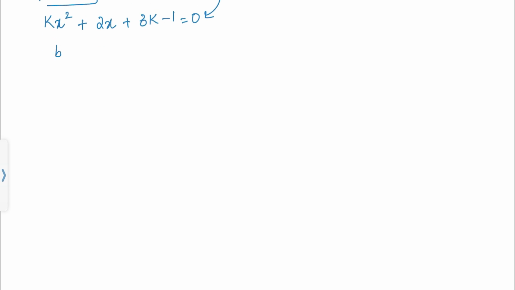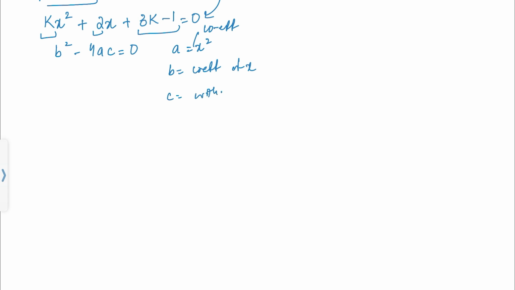Now, as I suggested earlier, we will be using b squared minus 4ac equals 0. b is given as 2, a is k, and c is 3k minus 1. a is the coefficient of x squared, b is the coefficient of x, and c is the term without x.